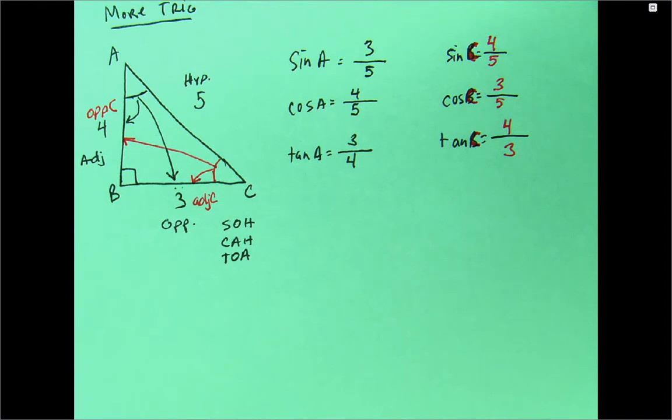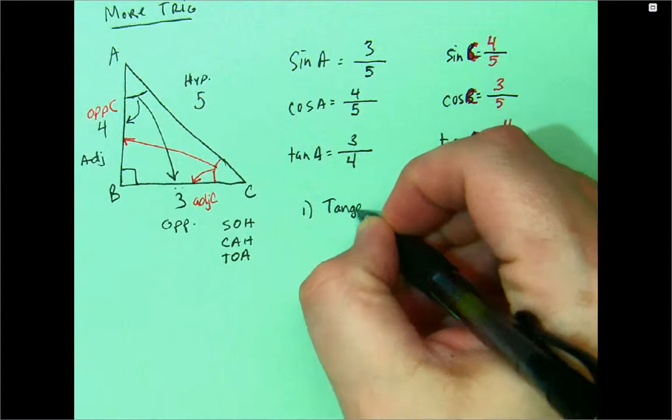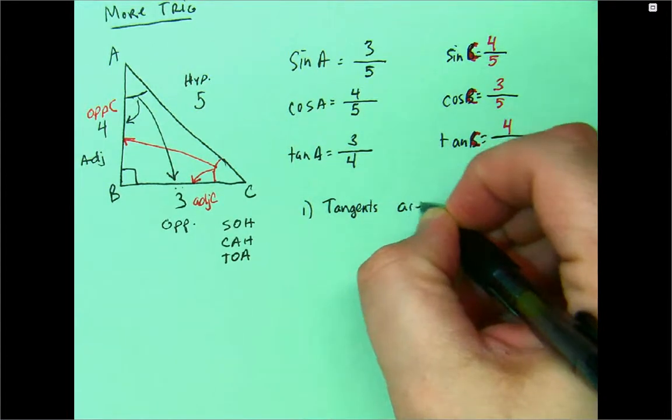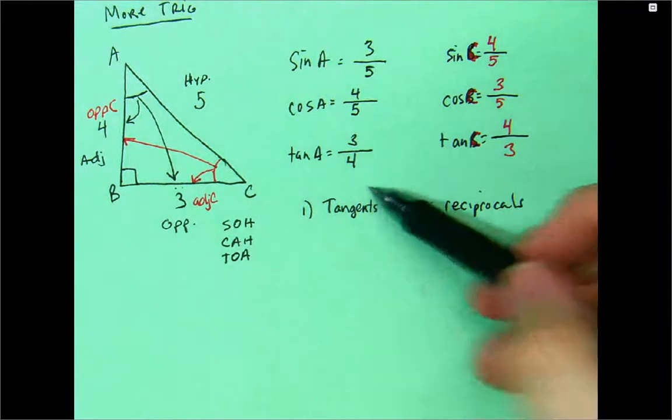Anything equal to each other? Yeah, they're not exactly opposite. They're what we call reciprocals. But you were right. They're switched. They're flipped. So one thing we see: the tangents are reciprocals, 3/4 and 4/3.